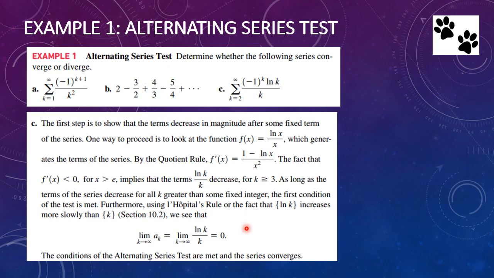Okay? Furthermore, using L'Hopital's rule, or the fact that the natural log of k increases more slowly than k, we see that the limit as k goes to infinity of the natural log of k over k does equal 0, and therefore, by the conditions of the series tests 1 and 2, this series also converges.